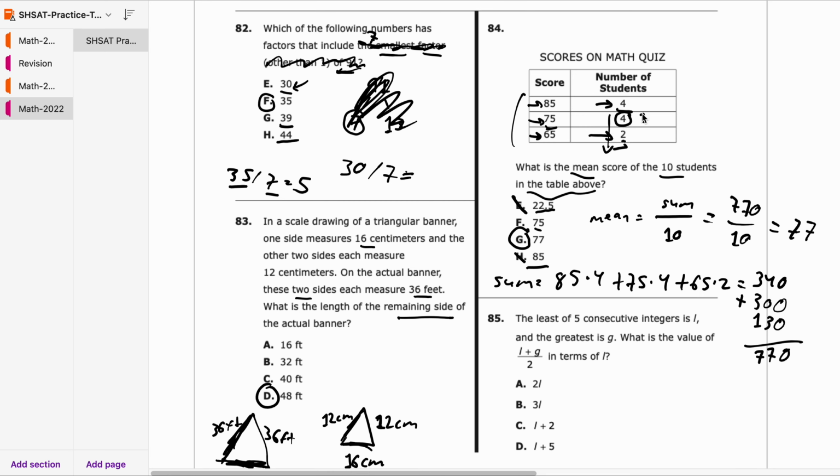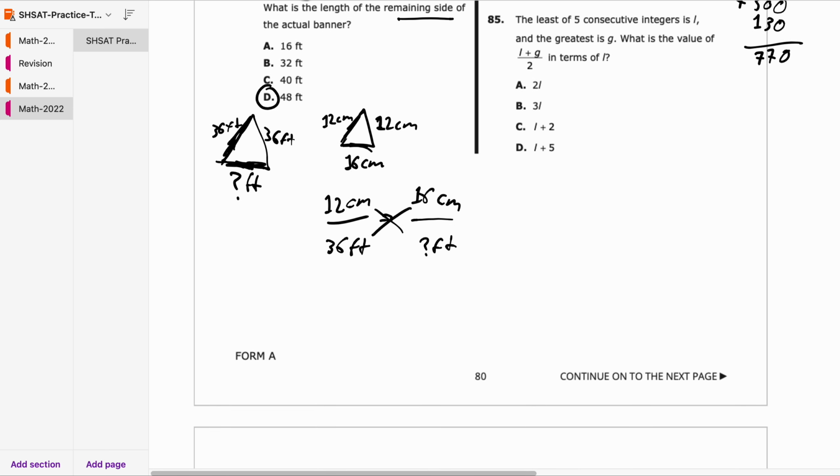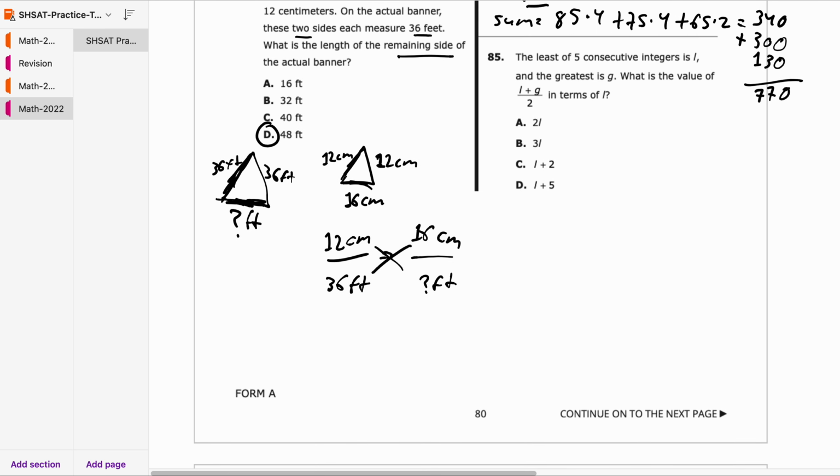So the mean is going to be slightly higher than 75 because more students scored 85 than 65. So it's going to be 77. So that's another way of doing it. But if you want to check, it's good practice to do the math and do it out.